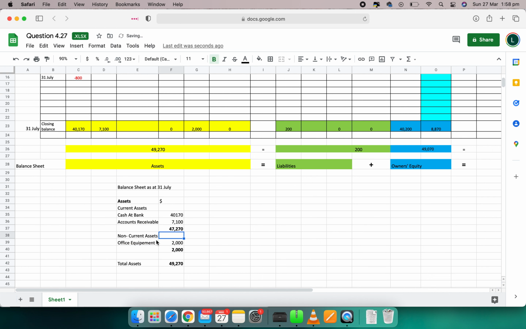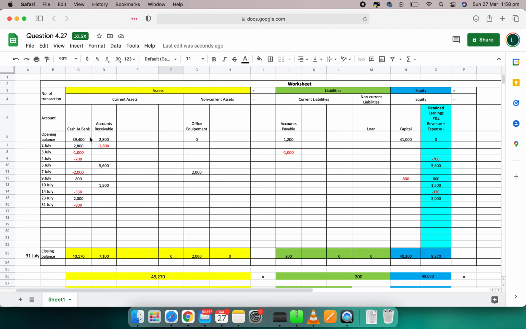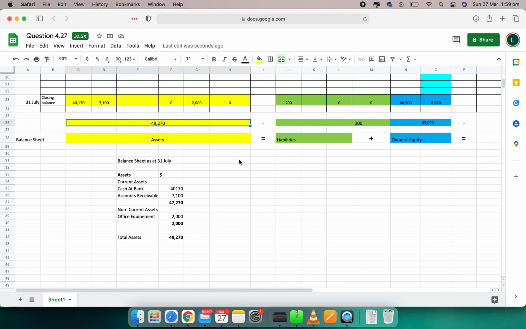No, it really should be under non-current assets, okay? So this is really important, why I said at the start of this video that the most challenging part of this is getting the transaction correct and understanding where your figures need to go within this worksheet. Building the balance sheet, it's not as difficult.